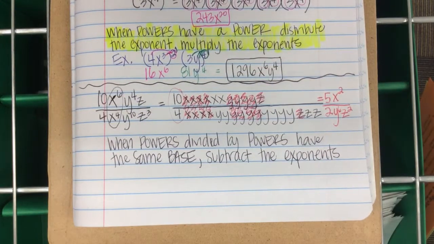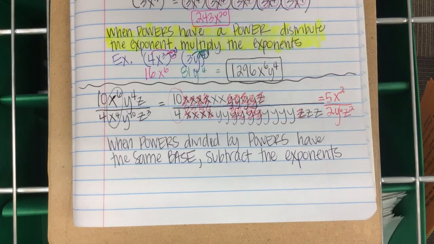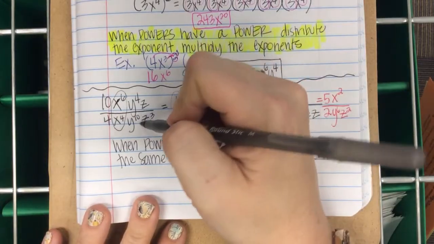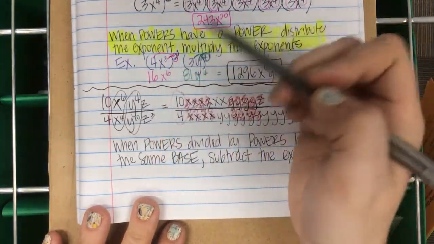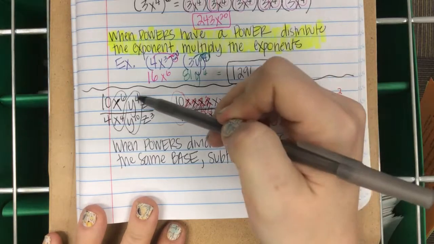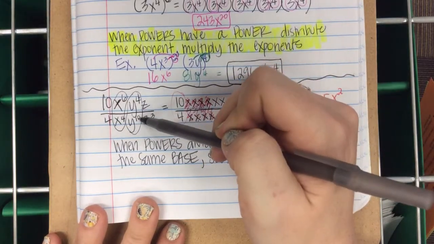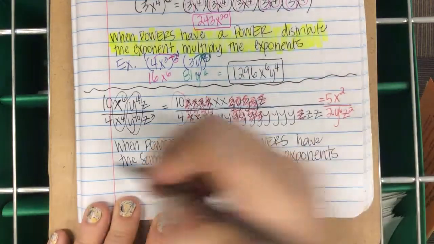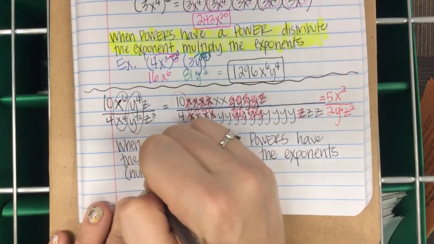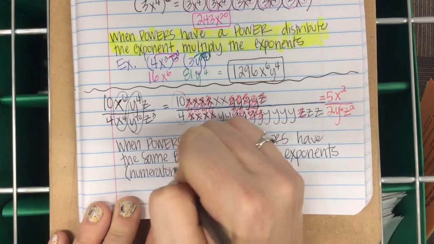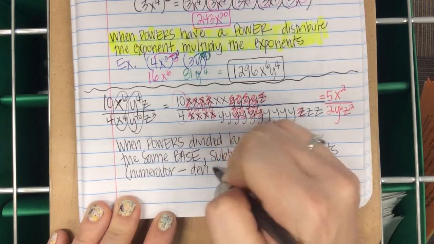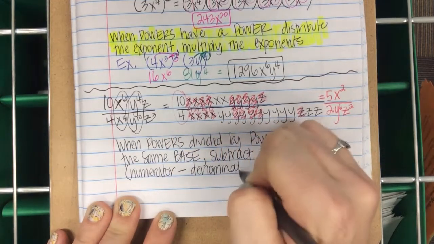But there's a disclaimer. Because, according to that rule, y to the 4th divided by y to the 10th, it's going to be numerator minus denominator, always.